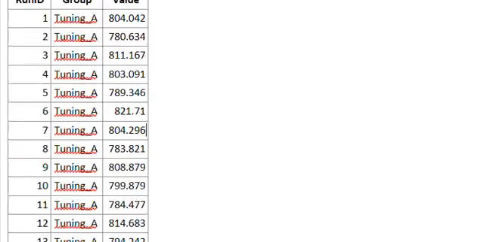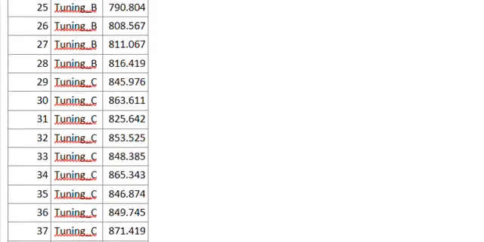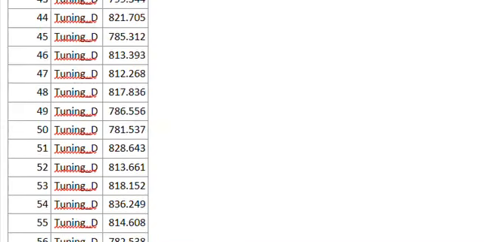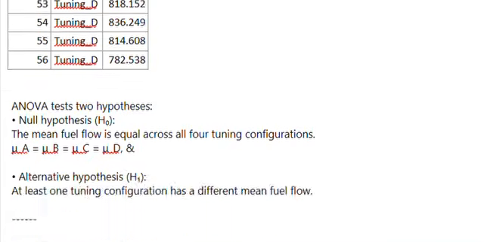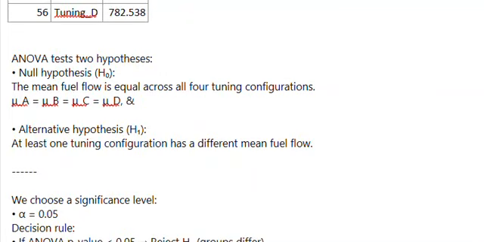Let's take a look at the data set here. 56 rows. Let's go into the hypotheses that we are going to be talking on, in order to answer the question previously related, right? The question being, do these tunings actually produce different average fuel flows? We need to have two basic hypotheses.